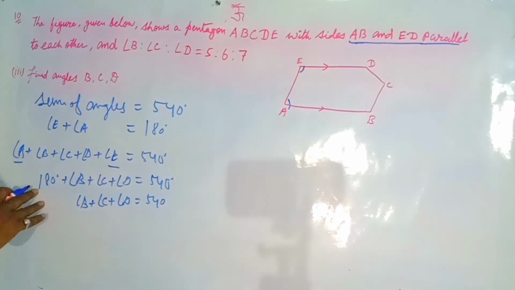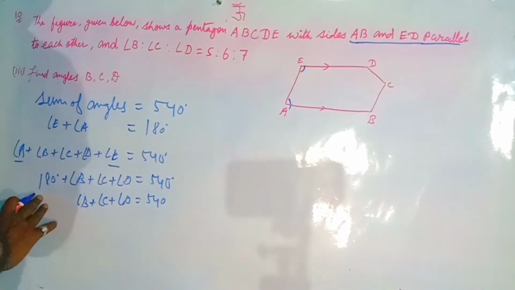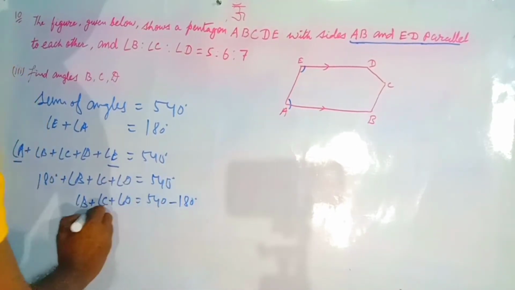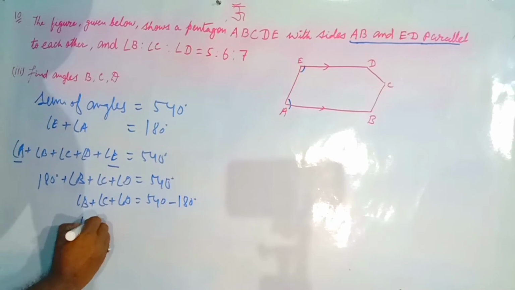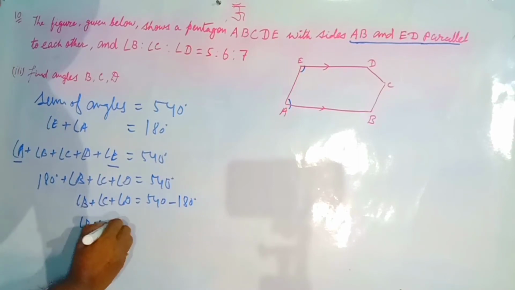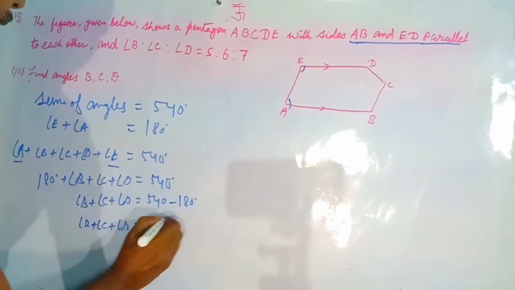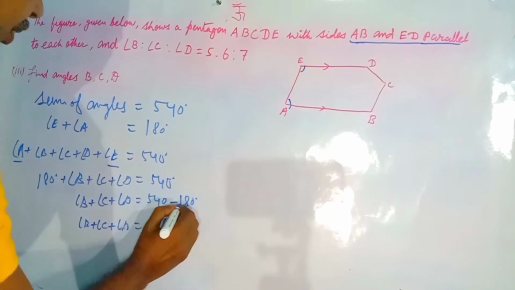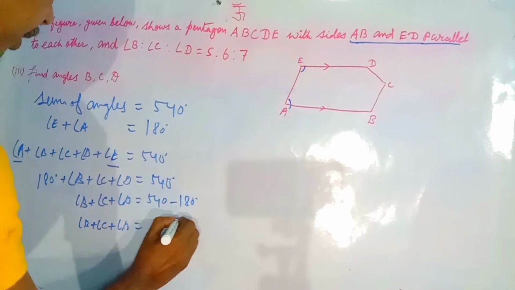And now we will transfer 180 degrees from here to here, so here it will be minus 180 degrees. Now angle B plus angle C plus angle D equals 360 degrees.